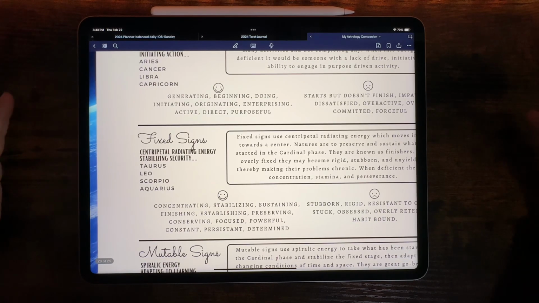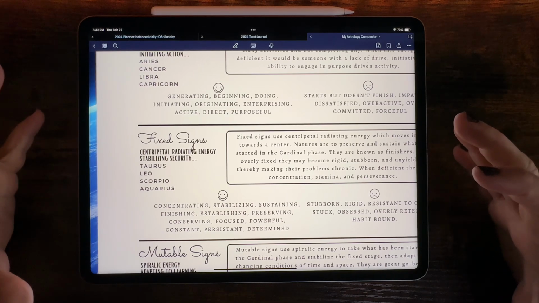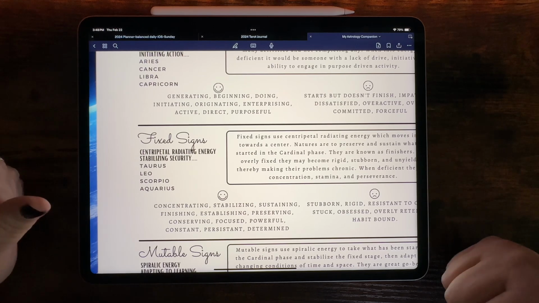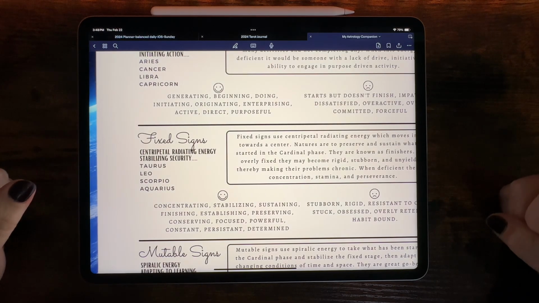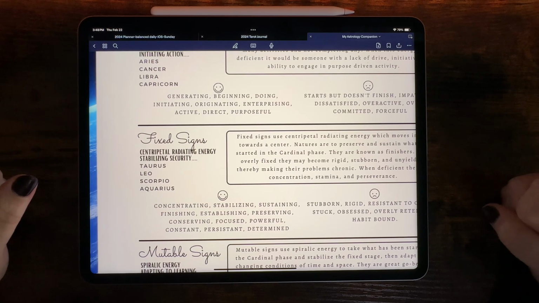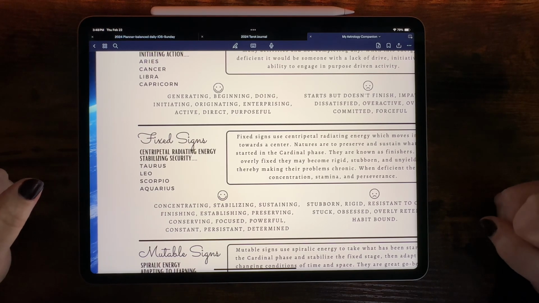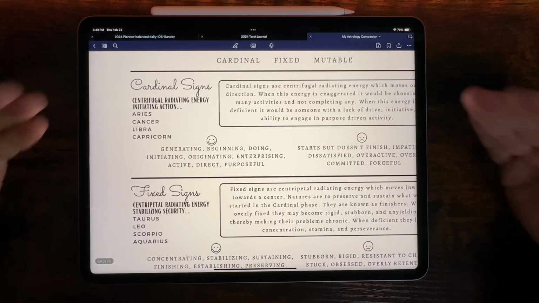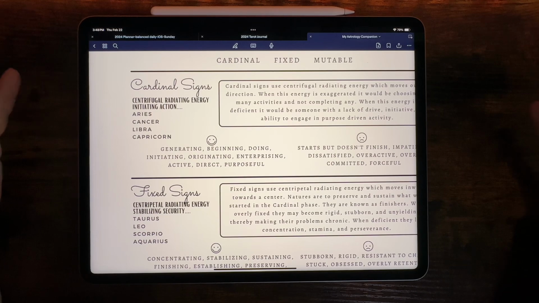The fixed signs were the ones in the middle. They were the hardworking, the salt of the earth. They could be stubborn, but they really put in the hard work and finished what the cardinal signs didn't necessarily finish.